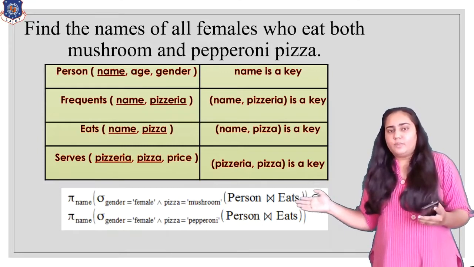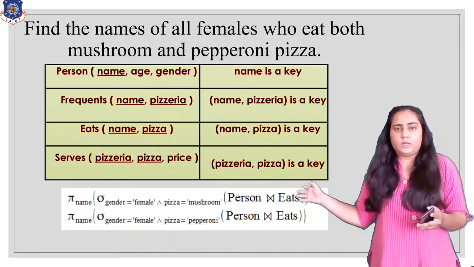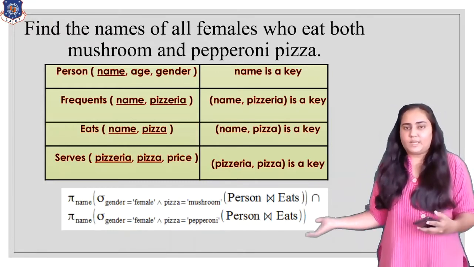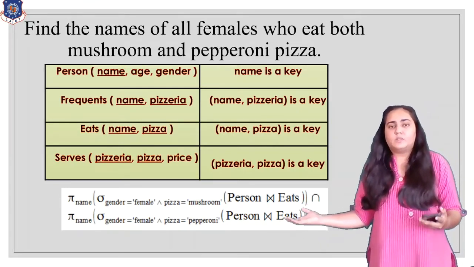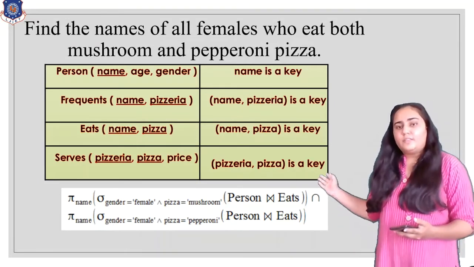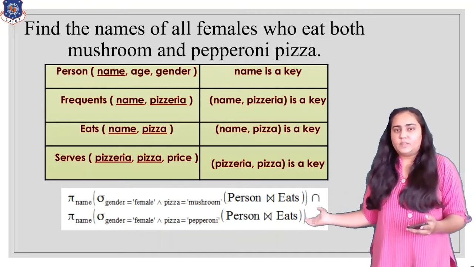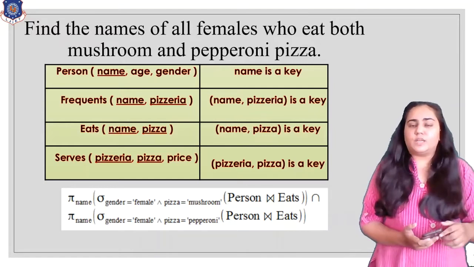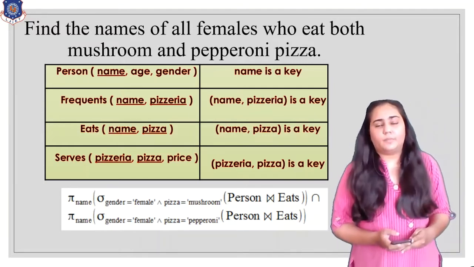And from there, I'm fetching the column that is the name of that person. The second query is where I've written the same query again, but instead of mushroom, I've changed it to pepperoni. So it gives me names of females who eat pepperoni pizza. And then I'm taking an intersection between the two. And this will give me names of females who eat mushroom as well as pepperoni pizza.